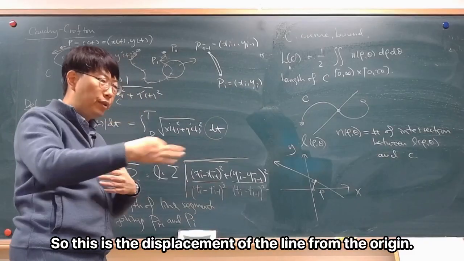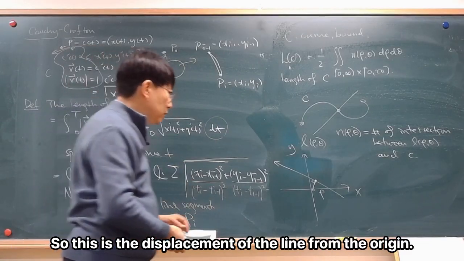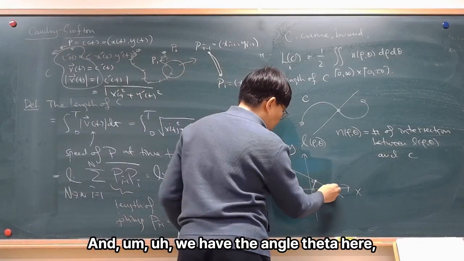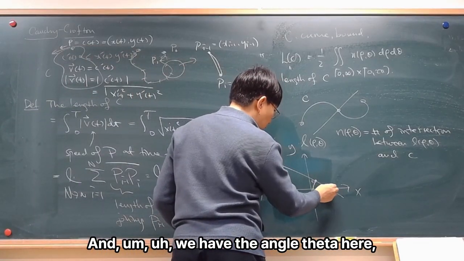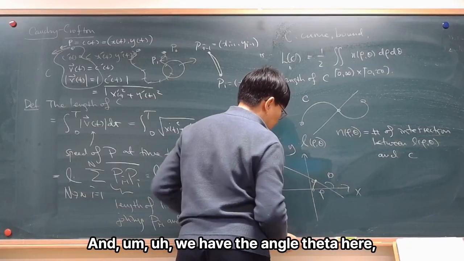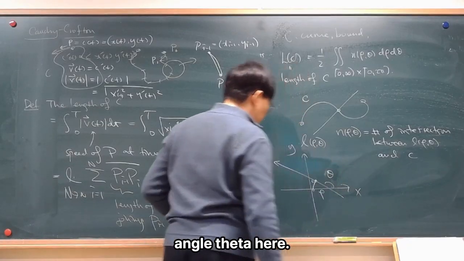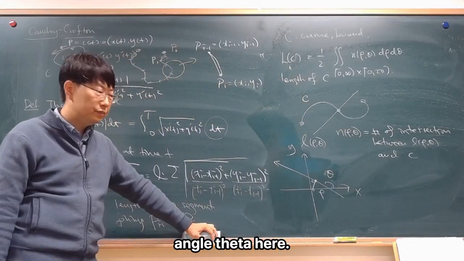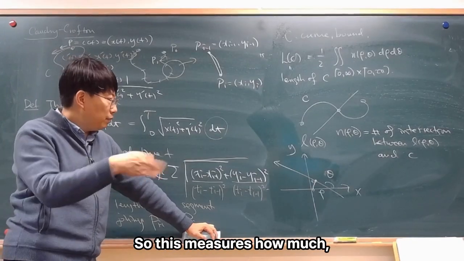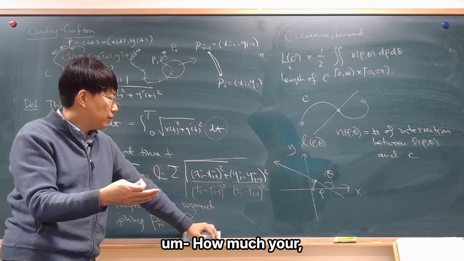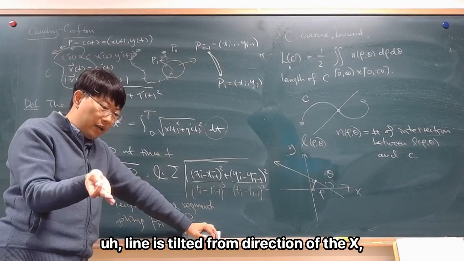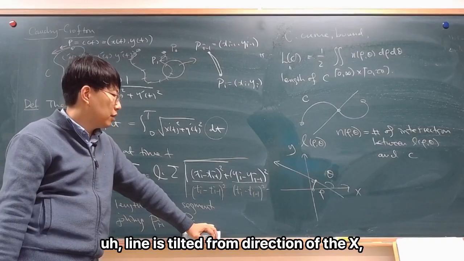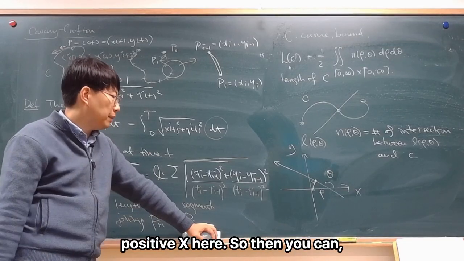This is the displacement of the line from the origin. And we have the angle theta here, which measures how much your line is tilted from the positive x direction.